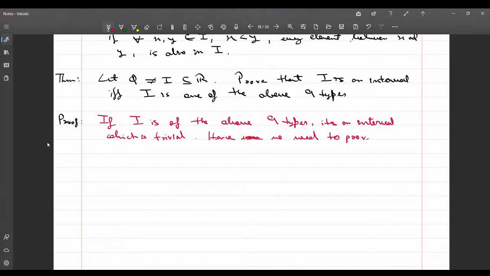So we prove the other way around: that if I is an interval, then it is one of the above 9 types. Okay, let us prove that.